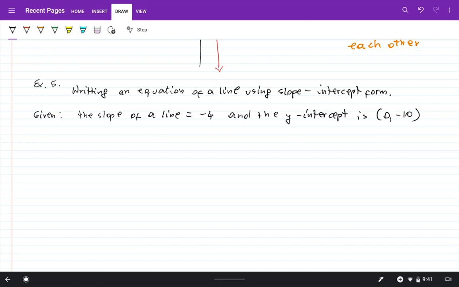And we need to create the equation of the line using slope-intercept form.